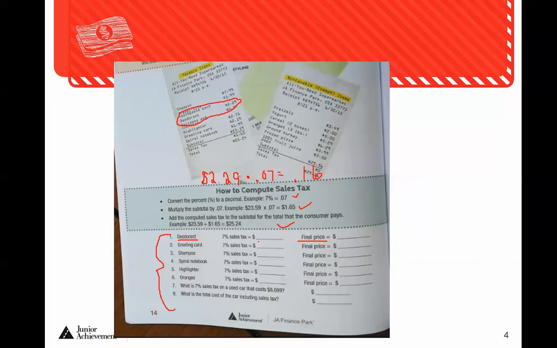That's what your tax is. And for the final price, you're going to take this amount and add it to the cost of the deodorant. And so you end up with $2.45 for your total. So I'm going to let you go ahead and complete the rest of these. The last two questions are not from the receipts. They're just questions where they give you the cost. So you can go ahead and hit pause and then come back to this once you finish.